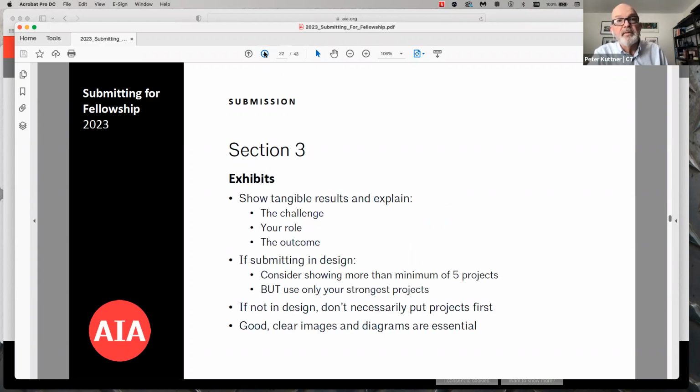In section 3 are the exhibits. Now, if you're in design, these are pictures of projects. And even here, if you do religious architecture, but you're really proud of a hotel and an office building you did, if your whole point is religious architecture, no matter how nice those other two projects are, they're not reinforcing your story.